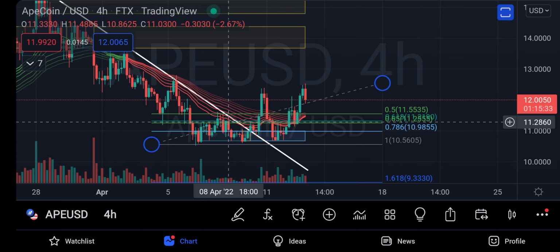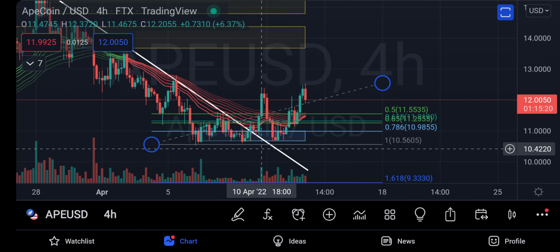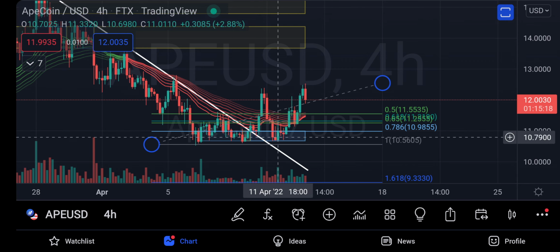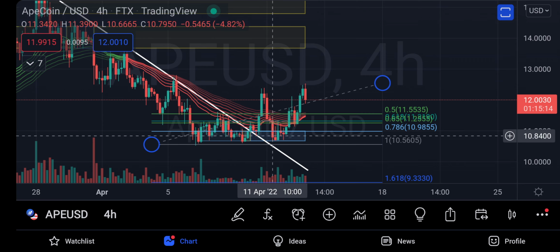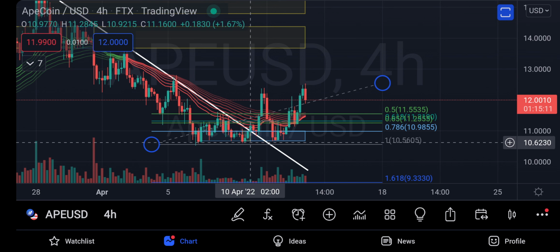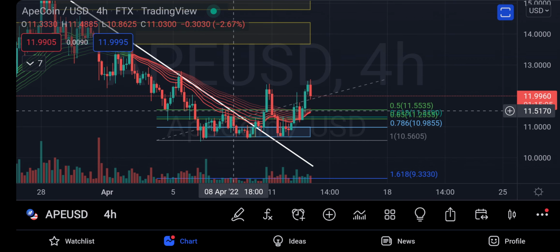So this is a possible scenario. Also, if it breaks down to the 0.78 Fibonacci level, this is also very likely. And as long as the uptrend structure holds, so it makes higher highs and also higher lows, then it is still in an uptrend and it's still bullish. So watch out for these levels.